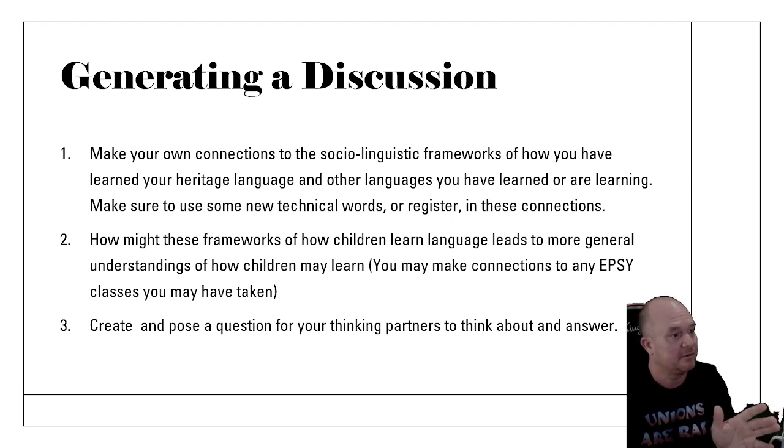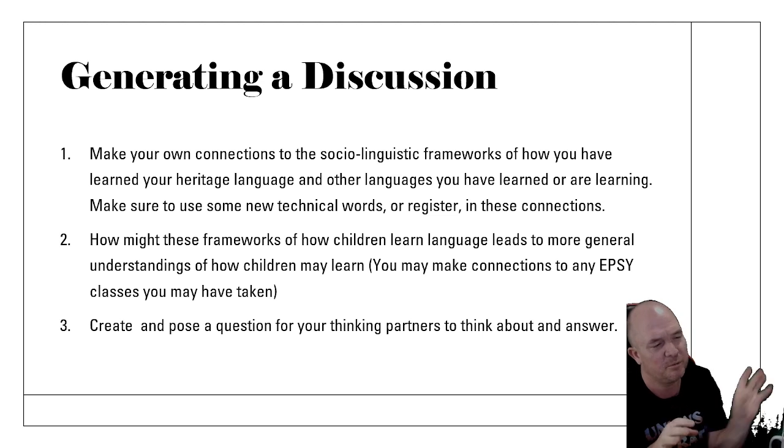So math, earth science, biology, the languages, language arts, social studies, economics, cooking, sewing, fashion, design, architecture, all of those things. How can you apply these frames? Because I think these will be useful frames for any other type of learning that would go into your classroom.